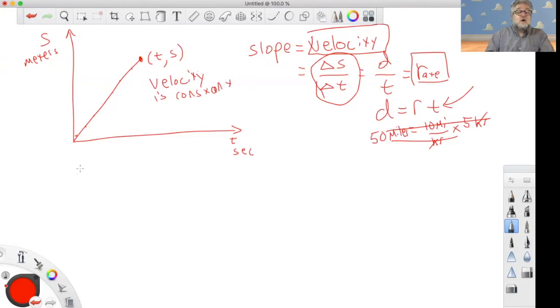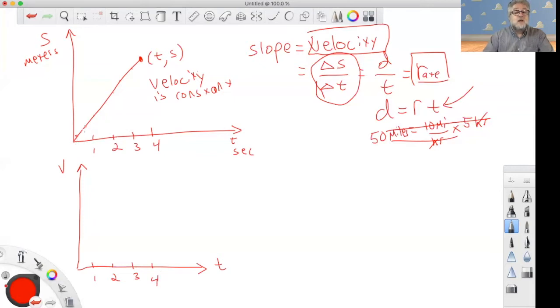So if I were to draw a velocity versus time graph, and here's 1, 2, 3, 4. What happens for these 4 seconds?